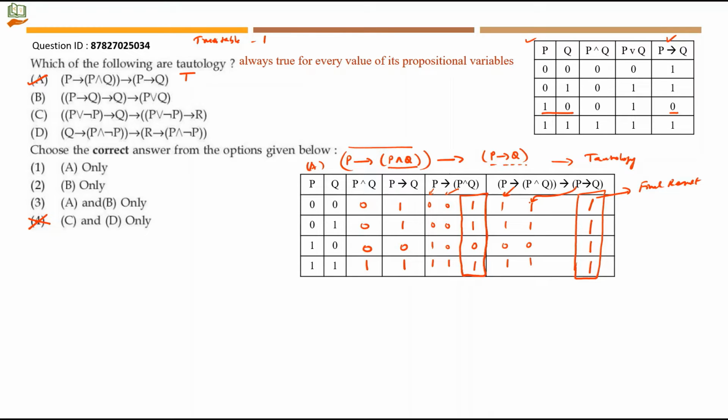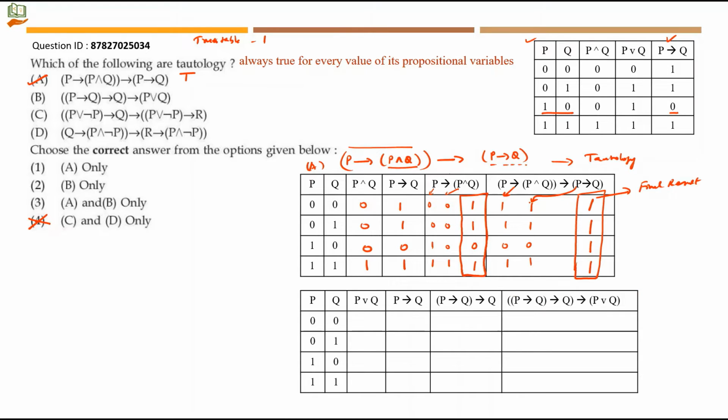Now we have to check if B is tautology or not. That will be more than enough for this question. So let's check B. So the B expression will be P implies Q implies Q implies P or Q. So first we will go with P or Q. P or Q will give you 0 or 0 is 0, rest will be 1. Then P implies Q will have 1, 1, 0, 1.